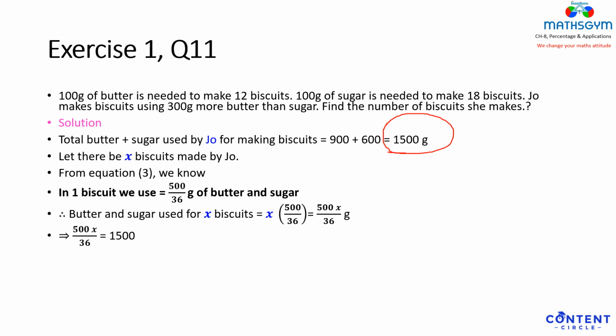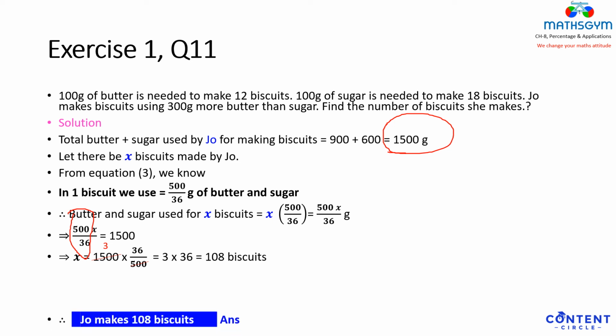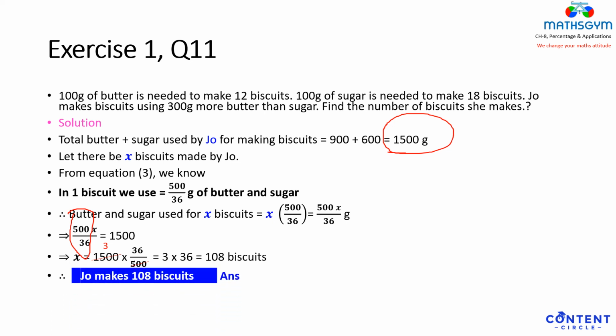And when we now transpose everything connected to X to the right hand side, we get that X is equal to 1500 into 36 upon 500, which eventually gives us 3 into 36, which is equal to 108 biscuits. So Joe makes 108 biscuits in this question.